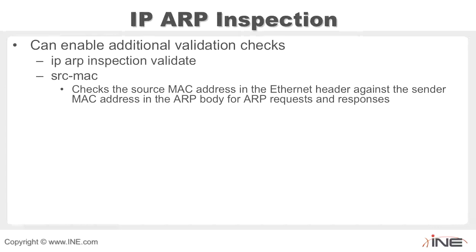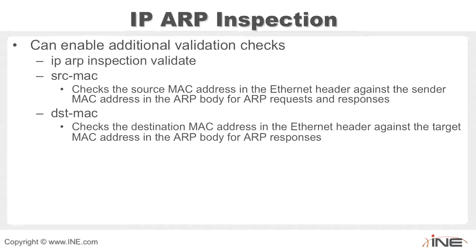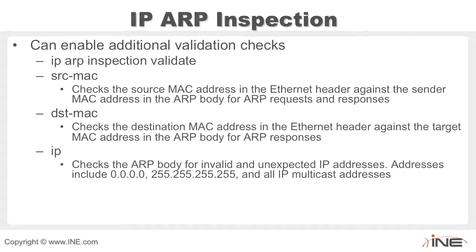The src-mac validates the outer Ethernet header source MAC. The next one is dst-mac, destination MAC, and we can check that as well. We can even go so far as to say ip. So this will check the ARP body for invalid and unexpected IP addresses, such as all zeros, all bits turned on, all 255, and even multicast addresses.